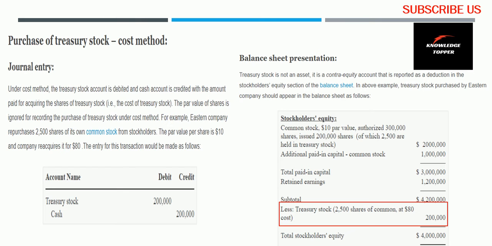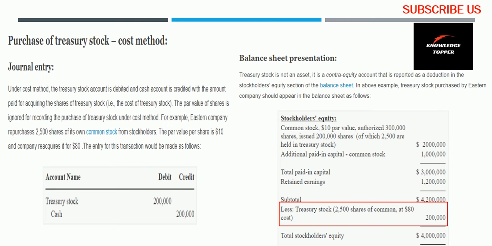You debit the treasury stock account and credit the cash account with the amount paid for acquiring the shares of treasury stock. There's one important thing to remember: the par value of shares is ignored for recording the purchase of treasury stock under the cost method.